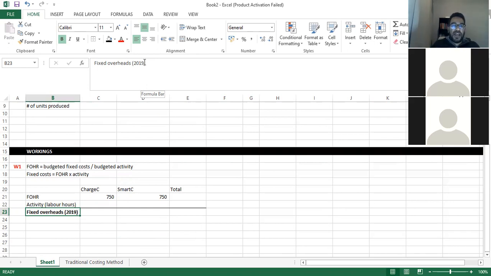But in 2019, they did have closing inventory. Why? Because they never met the sales target for whatever reason. So for charge C, there was 10% left over, and smart C, there was 14% left over.